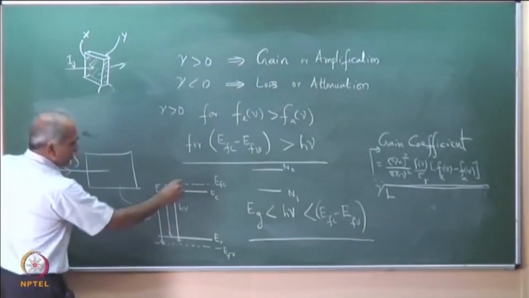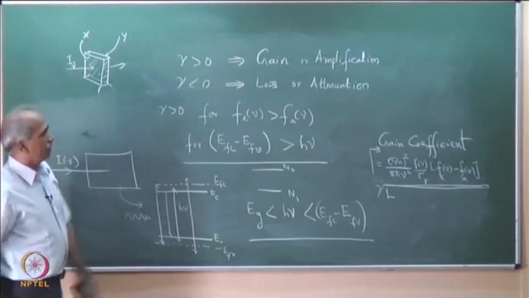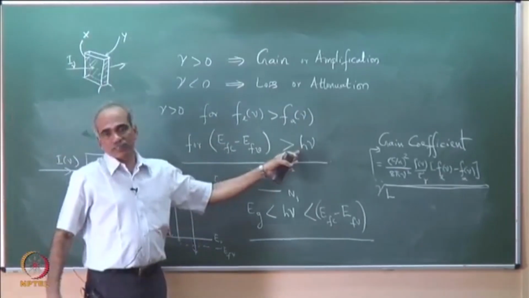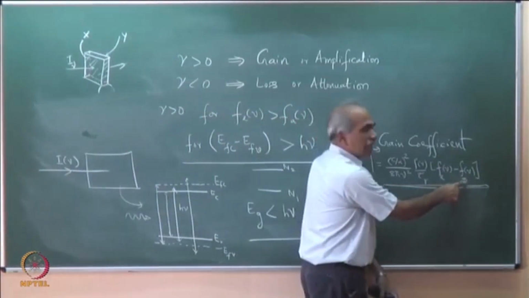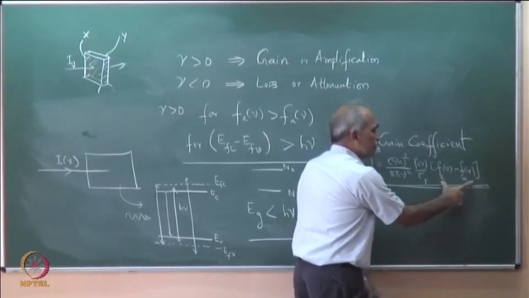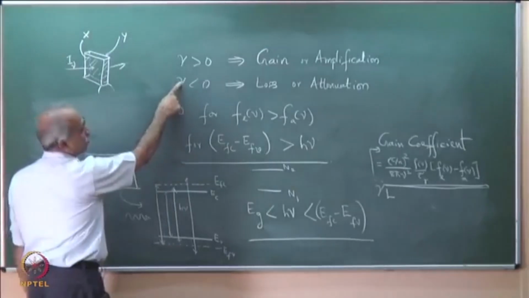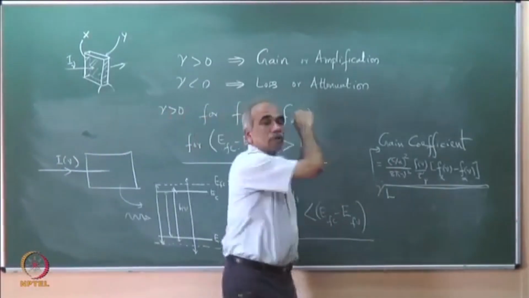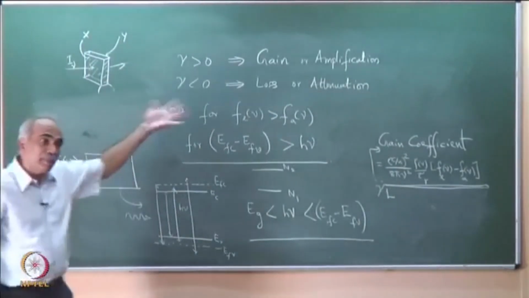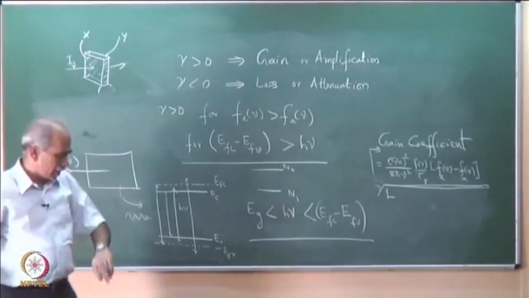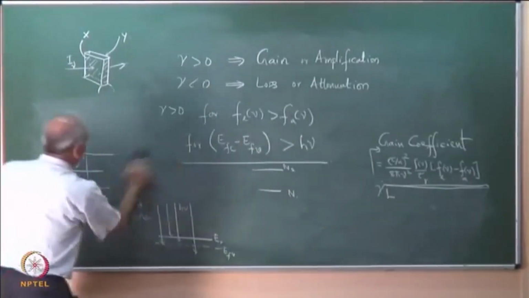If we go here, for example, a radiation which corresponds to this frequency difference, this condition is not satisfied, and immediately that means f e of nu will be less than f a of nu, and therefore this will be a negative number, which means gamma is negative, which corresponds to loss or attenuation. This will determine the amplification bandwidth. We will discuss this in the next class, the amplification bandwidth of the amplifier.